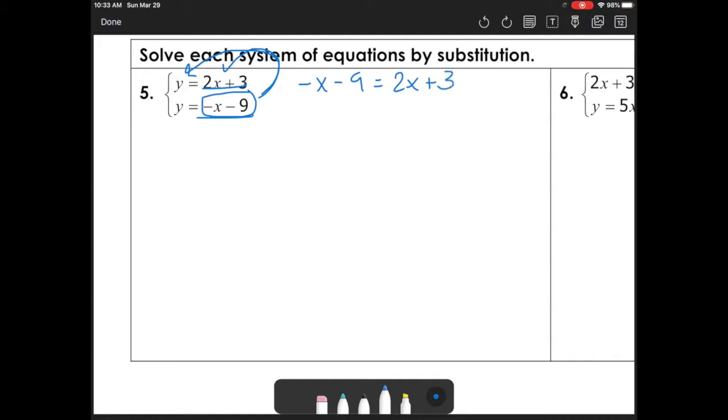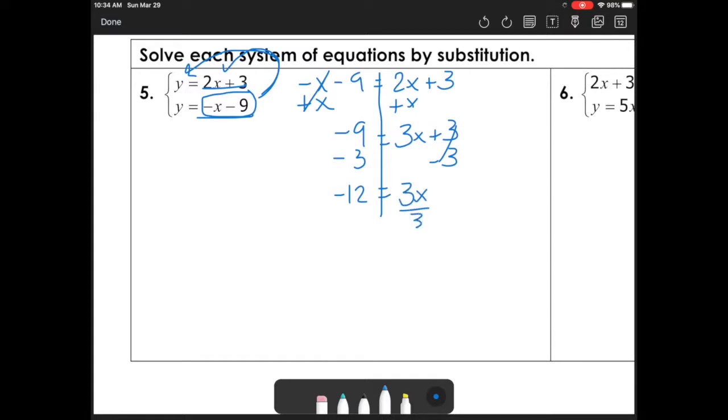I'm going to zero pair my extra variable. Zero pair my extra constant. Divide by 3. And x is equal to -4. Now I can go back to either one of the original equations and put in -4.